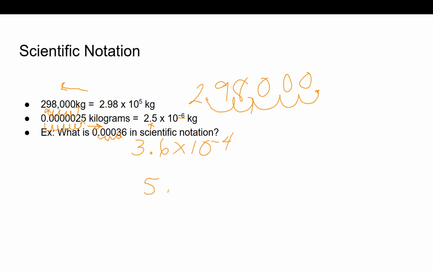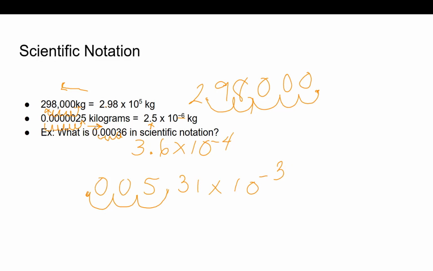Say we have 5.31 times 10 to the negative third. How is that in your expanded form? What is this if we want to put it in its full notation? We're going to say 1, 2, 3.